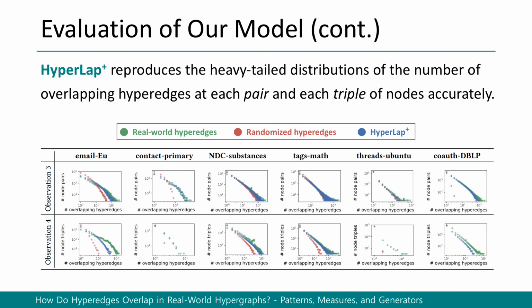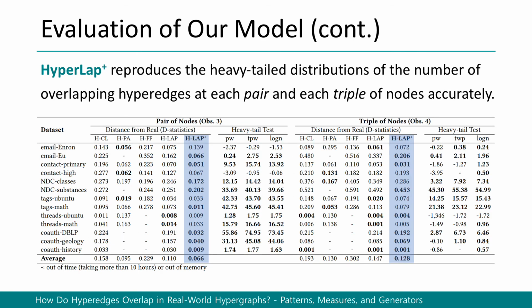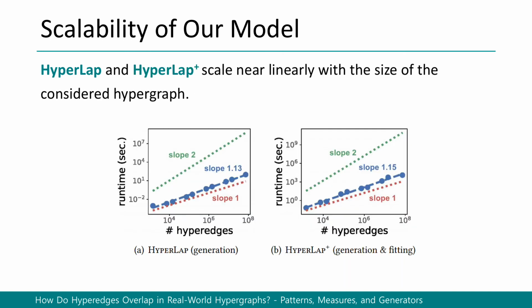The distance between the distributions of real-world and generated hypergraphs is the lowest in HyperLap Plus. The proposed methods, HyperLap and HyperLap Plus, scale near linearly with the size of the input hypergraph.